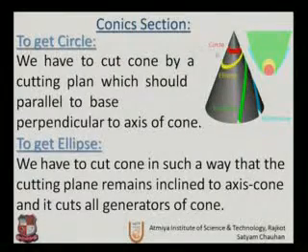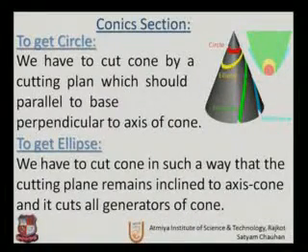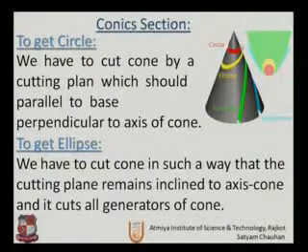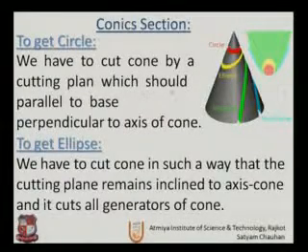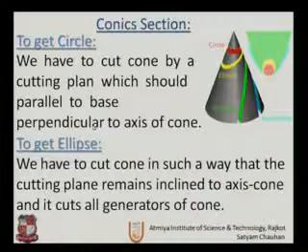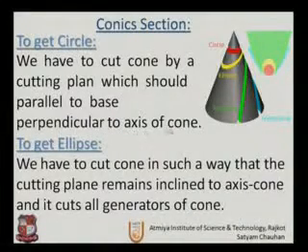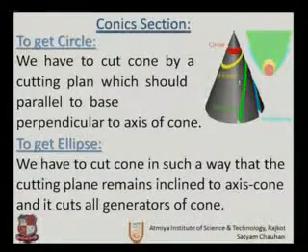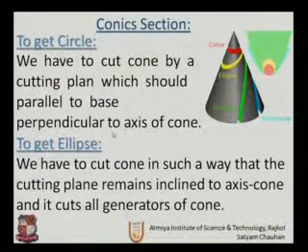If our cutting plane is exactly parallel to the base, the shape we can see from the top is a circle. So we have to cut the cone by a cutting plane which is parallel to the base and perpendicular to the axis of the cone, which is the center of the cone. That is the circle. Next geometry, ellipse.